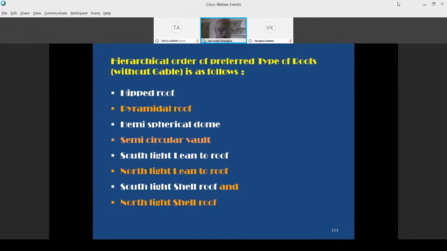We can go for it keeping in mind our limitations, etc. Architects always design with a lot of confidence, is it not? Generally, we never have free hand to design whatever we want. A lot of limitations are there. So keeping in mind, adopt whatever is possible. This is the hierarchical or preferential order.